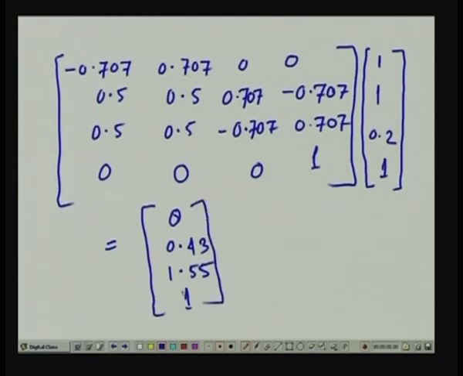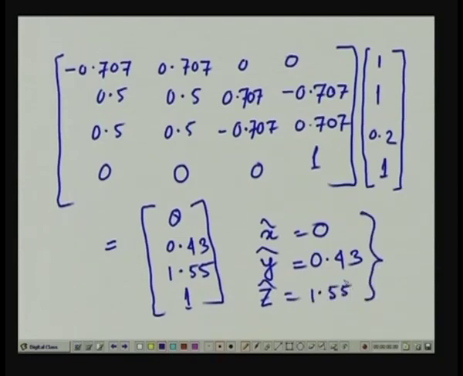So, the corresponding Cartesian coordinates will be given by x hat equal to 0, y hat equal to 0.43 and z hat equal to 1.55. These are the coordinates for the same 3D point as seen by the camera.